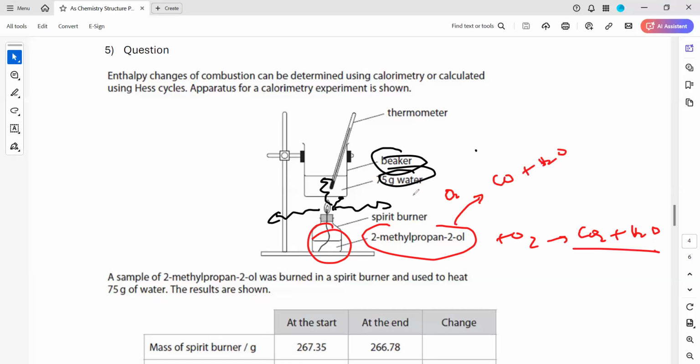So definitely the enthalpy change will be lower, because when carbon monoxide is formed in an incomplete combustion, the enthalpy change is always lower than the complete combustion with the production of carbon dioxide. So these are some reasons why the practical enthalpy change may not match the theoretical enthalpy change, which is calculated by the Hess law.